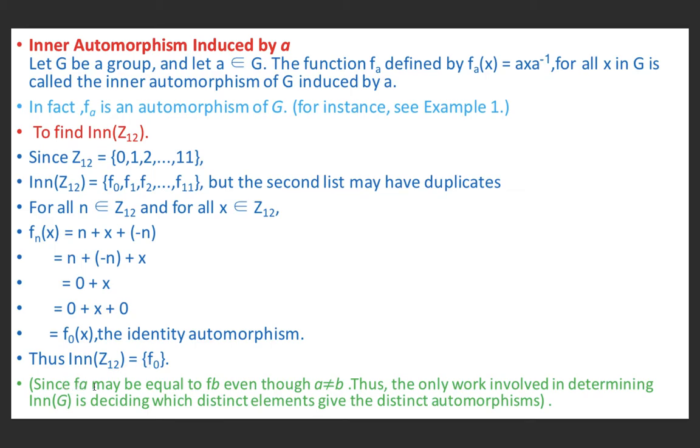Since F_a may be equal to F_b even though a is not equal to b, the only work involved in determining the inner automorphism of G is deciding which distinct elements give distinct automorphisms. We will find the distinct automorphisms to find the inner automorphism. In this case we have only a single element, F0.